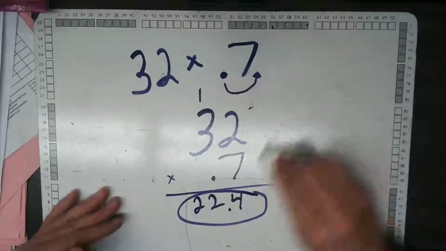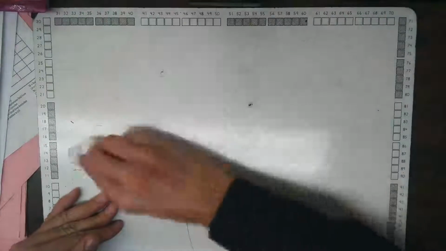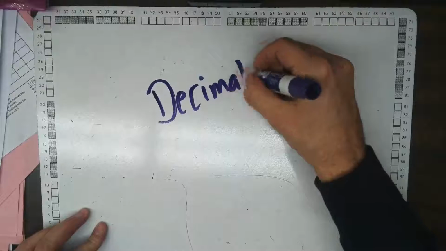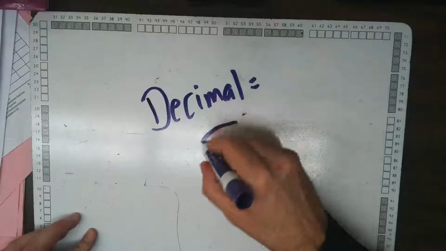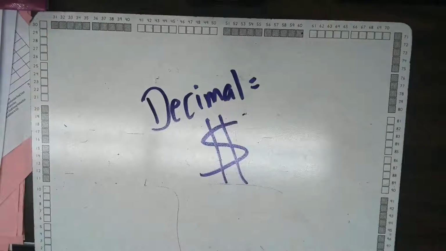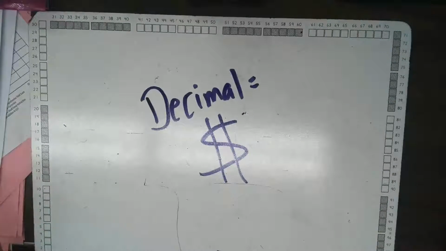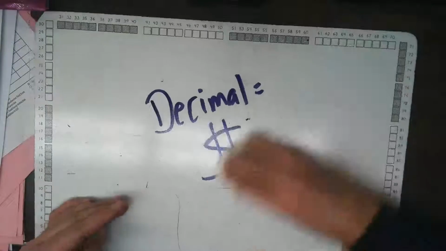And one of the things that we've talked about throughout the decimal process is, when we think decimals, equals money. Okay? Again, can't stress this enough. When we're talking about decimals, always be thinking about money.